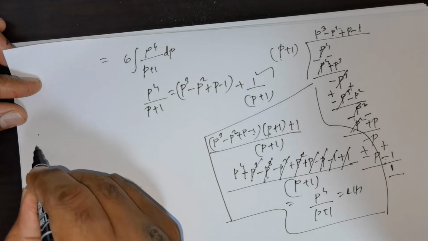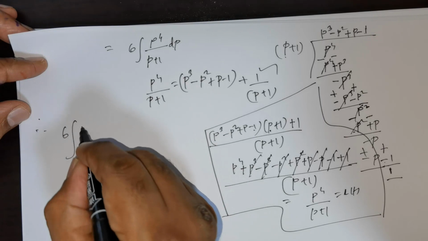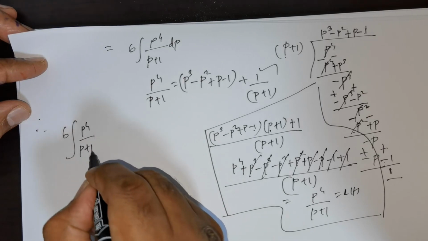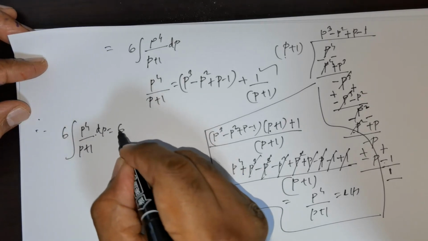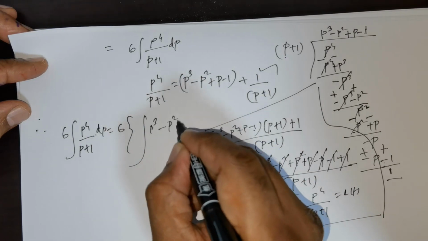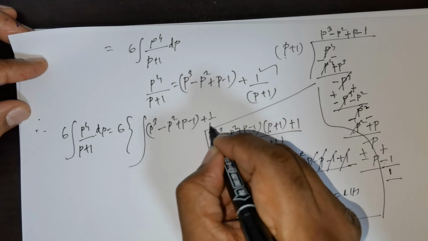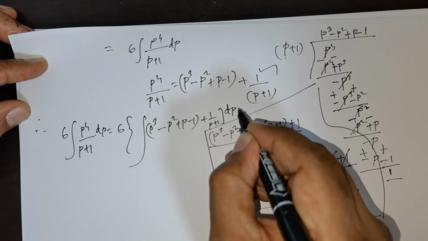So coming back to the integration, let me perform the integration. 6 times integral p raised to the power of 4 divided by p plus 1 times dp is equal to 6 times, this is rewritten as p cubed minus p squared plus p minus 1 plus 1 over p plus 1 times dp.